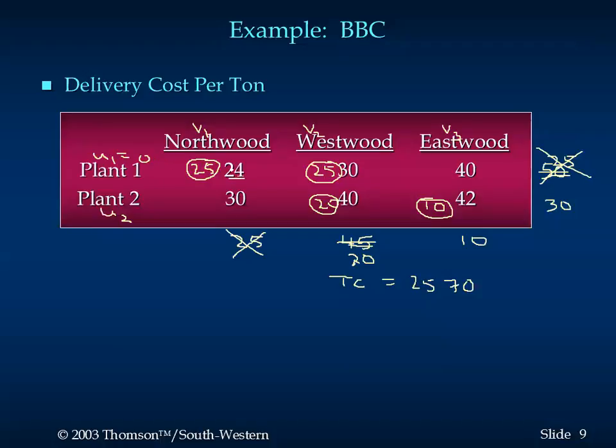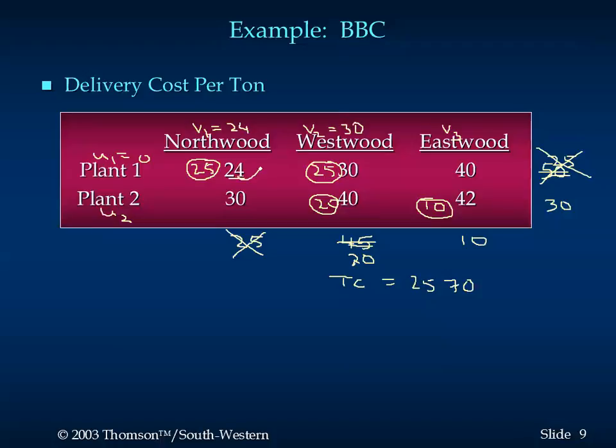Now in that row, there are 2 basic cells. So U1 plus V1 has to be 24, so V1 is 24 minus 0, which is 24. Similarly, U1 plus V2 has to be equal to 30, so V2 equals 30 minus 0, which is 30.